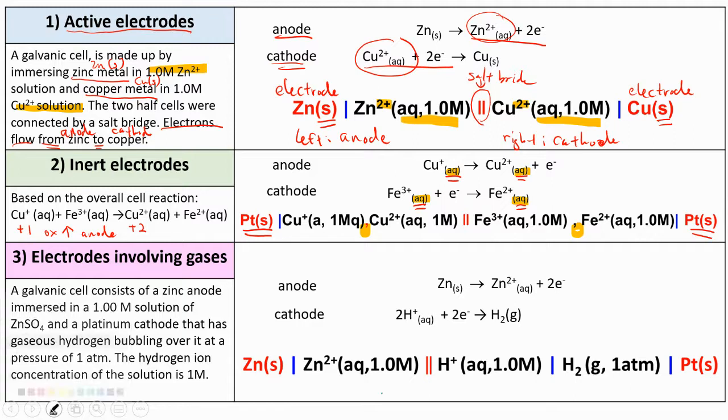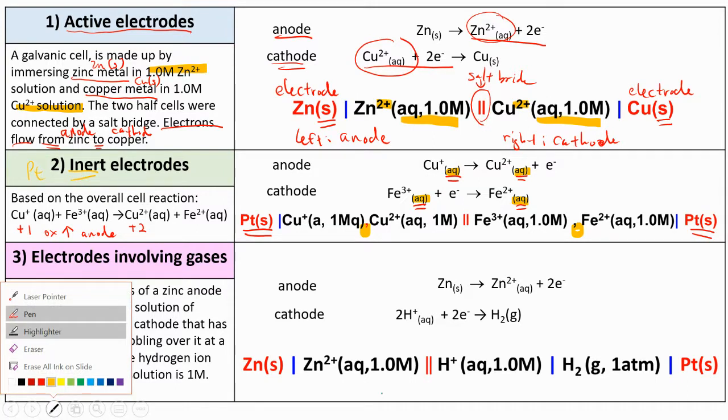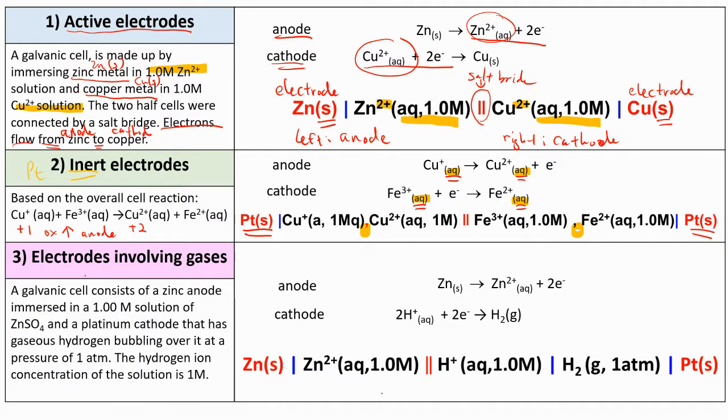Now we go to another one, the third one. Remember the inert electrode, usually we refer to platinum or carbon. Now the third one, electrodes involving gases. A galvanic cell contains a zinc anode. Again, straight away it tells us that it is a zinc anode immersed in a 1 molar solution of ZnSO4.